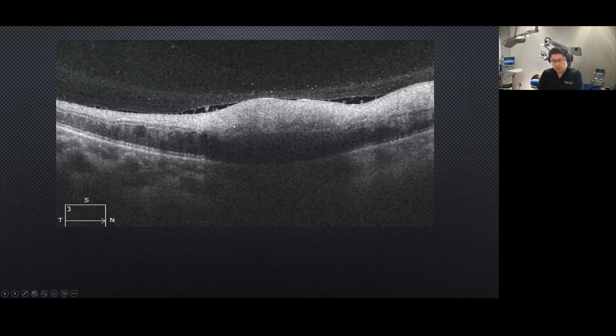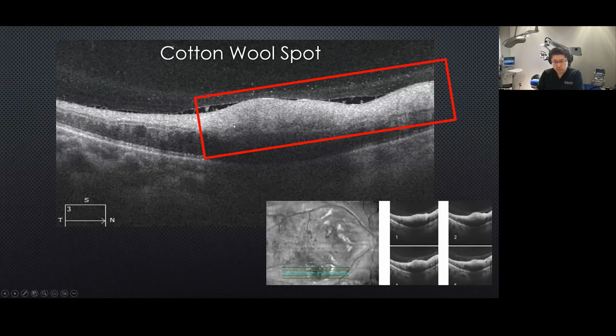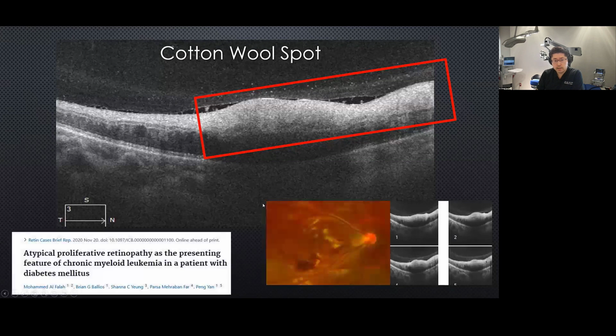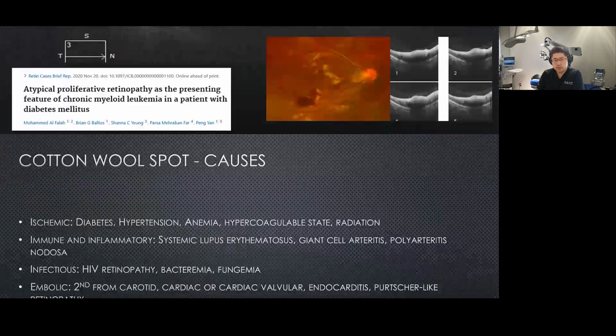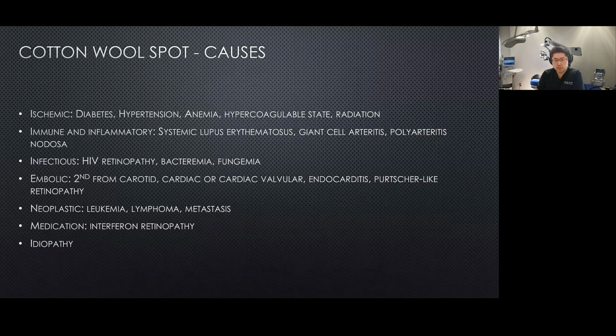So this is an image of a cotton wool spot in the context of a leukemic patient who presented with vitreous hemorrhage, cotton wool spot, and retinal hemorrhage, which mimicked the diagnosis of proliferative diabetic retinopathy. But what's important to highlight here is the presence of the cotton wool spot.